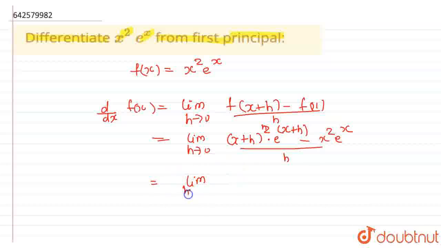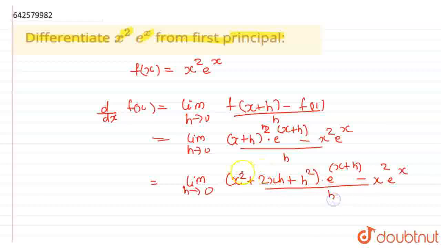So limit h tends to 0, this function would be x square plus twice xh plus h square, into e to the power x plus h minus x square e to the power x upon h, right students? This is our whole value.